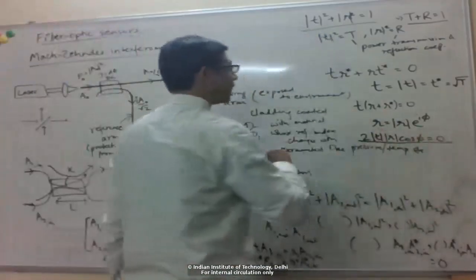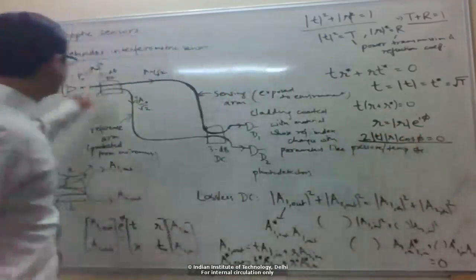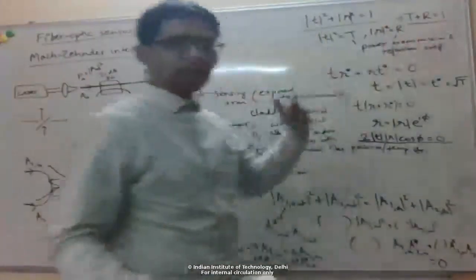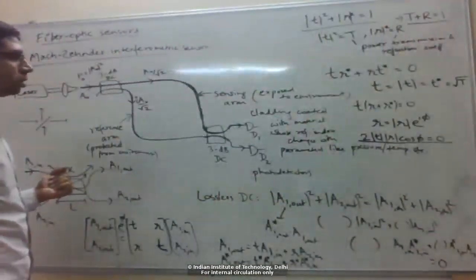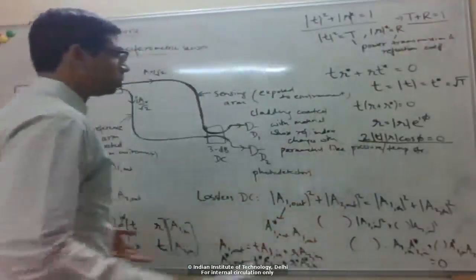From the second condition, for a 50-50 3 dB directional coupler, capital T and capital R are both half. So mod of T and mod of R are 1 by square root of 2.